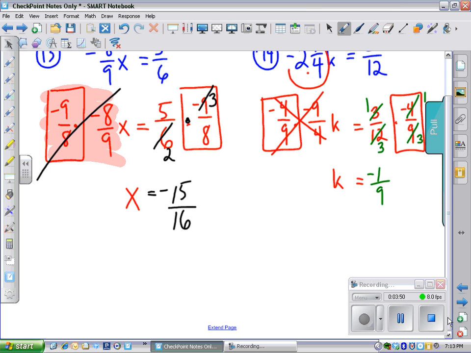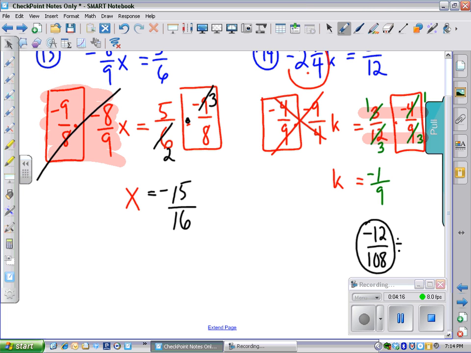For anyone who doesn't like reducing ahead of time, you could multiply straight across here. You would end up having 3 times negative 4 is negative 12. 12 times 9 is 108. And we had a positive times a negative, so negative 12 over 108. Then you would have to start reducing.